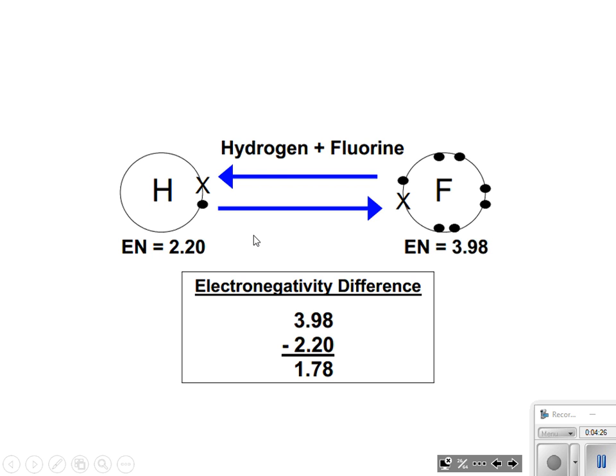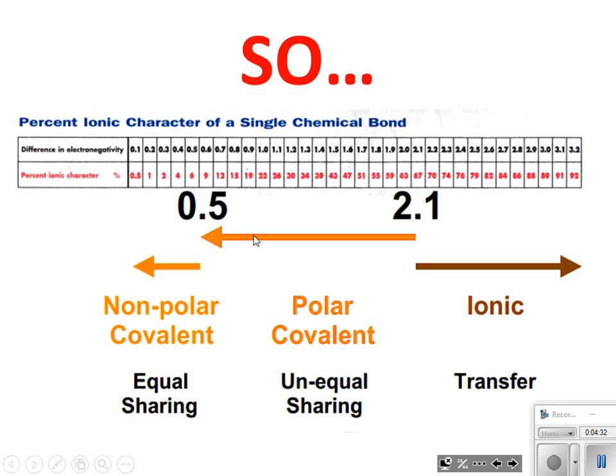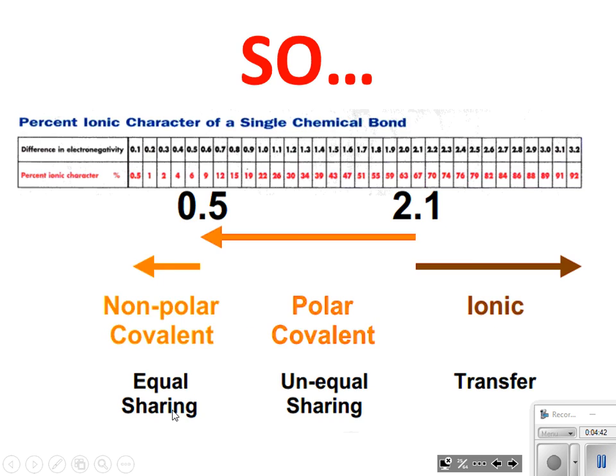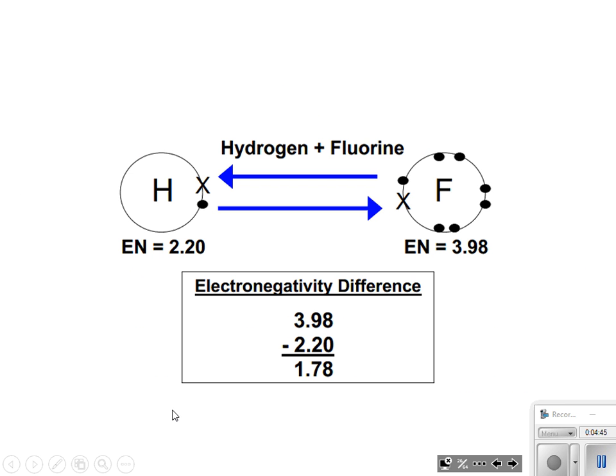Hydrogen is not a metal, it is a gas. Hydrogen is a nonmetal. So, when I go back, it says if nonmetals are involved, the bond is considered polar covalent. So, what type of bond is made between hydrogen and fluorine? A polar covalent bond. We know that.